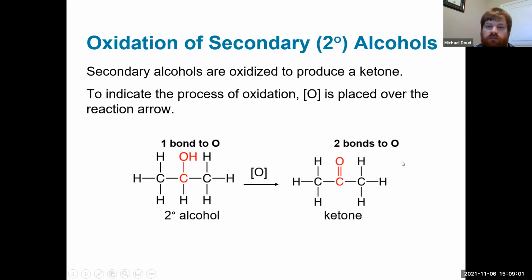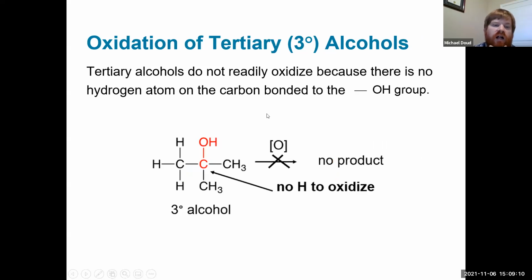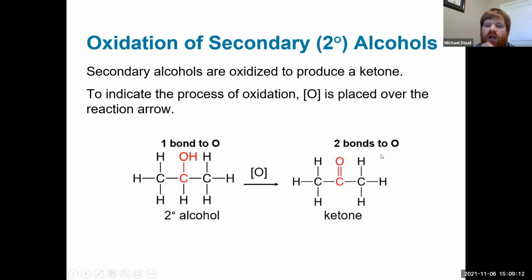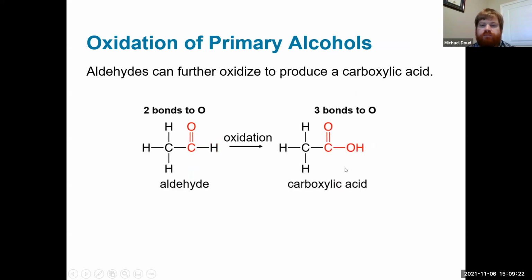In this case, a ketone, and that has 2 bonds to oxygen. Since you increase the number of bonds to oxygen, you've oxidized this carbon. Now, here's the thing. This ketone can't be oxidized further because this carbon doesn't have any other hydrogen to give up. So if you oxidize a secondary alcohol, it stops at ketone.